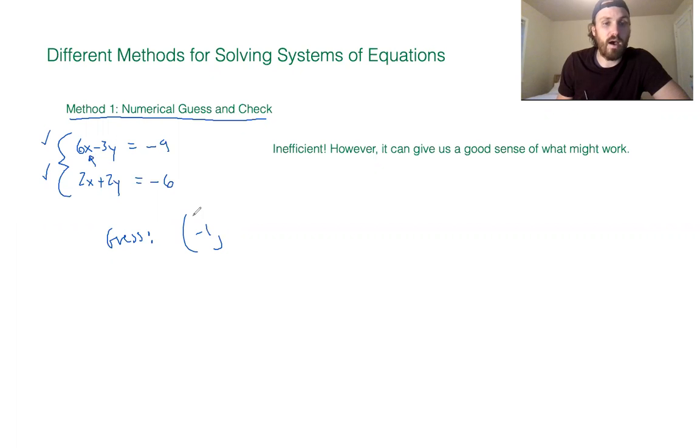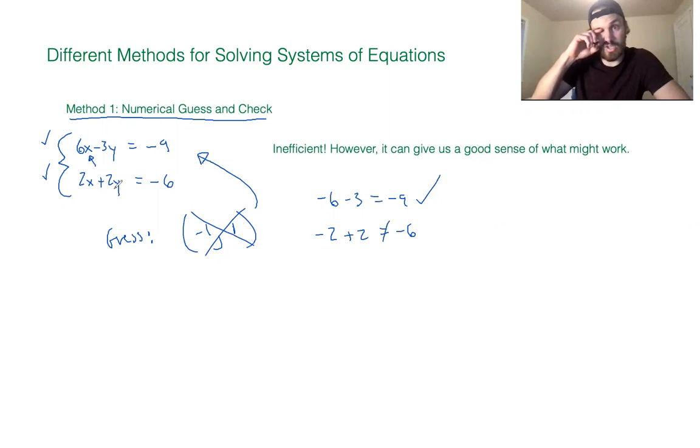And then y could be, say, 1. So if I plug that into this one, I would get -6 minus 3, which is -9. So it definitely works for that equation. Now, if I plug it into the other one, I'll get -2 plus 2, which does not equal -6. So that definitely doesn't work. I'm wondering if maybe I could make x a little more negative.